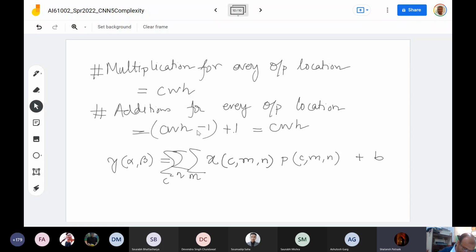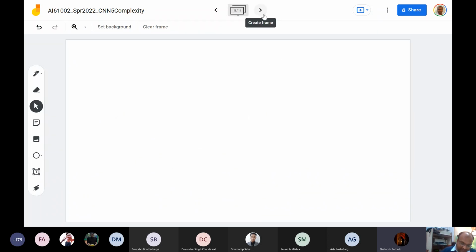Okay, so my number of operations, or what we call the number of floating point operations, is equal to 2CWH. Now, how many times do I do that operation? The number of times is equal to whatever is the size of my output.